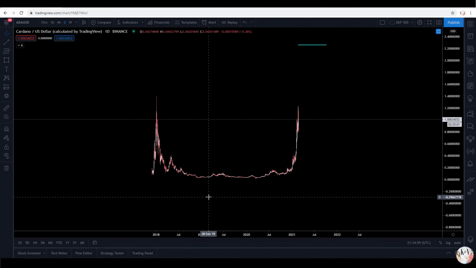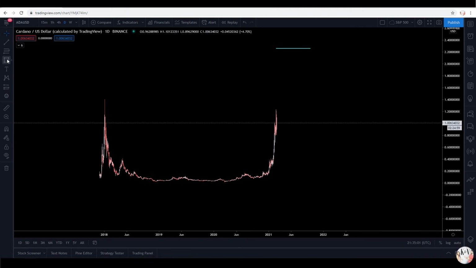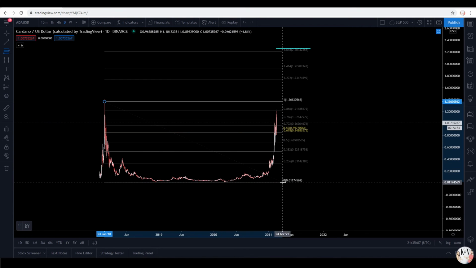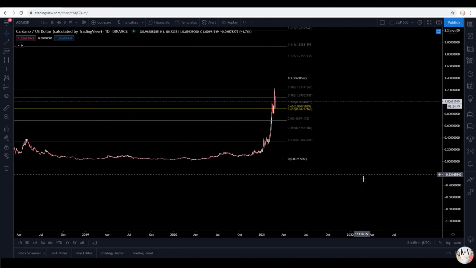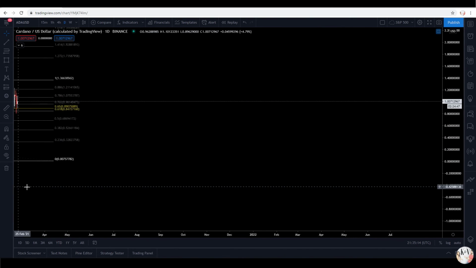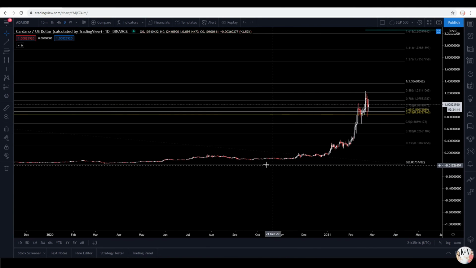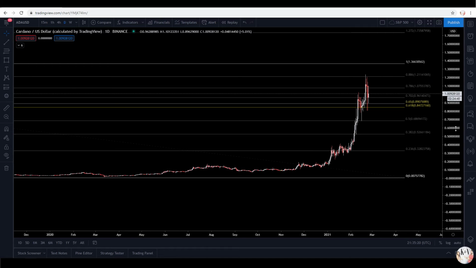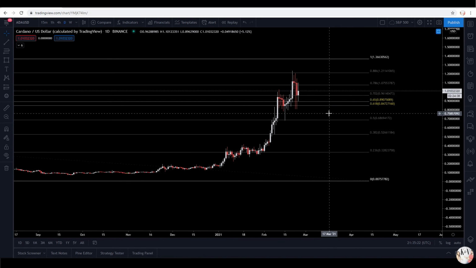Okay, as well, we can grab this, and I believe Cardano, it was about $1. Yeah, we can move all the way from the top to the bottom and see what's happening. So again, when we start going up with Cardano, these areas help us figure out where we can stop.